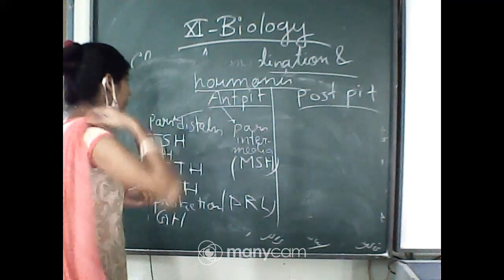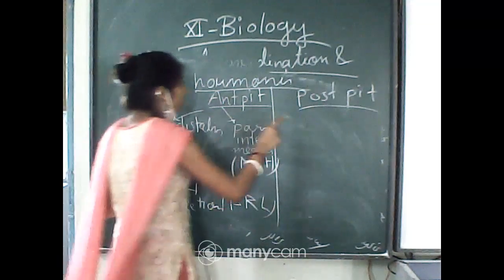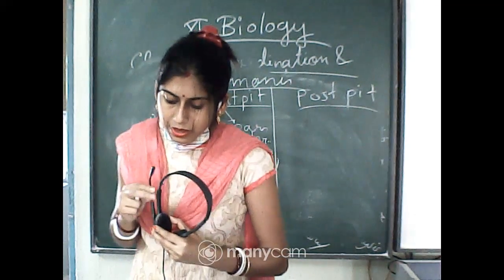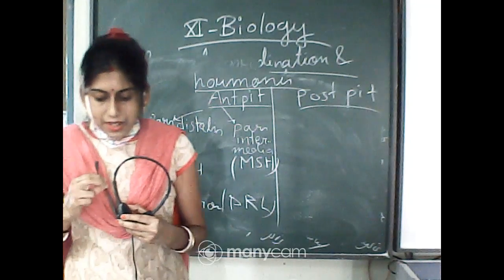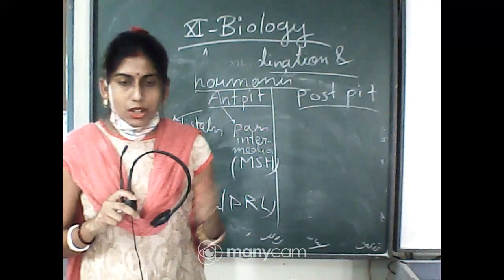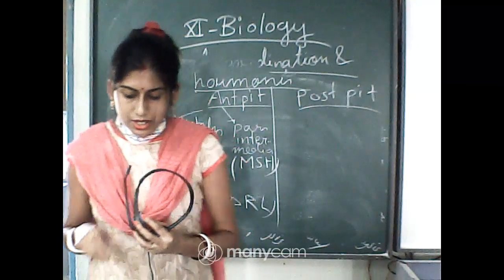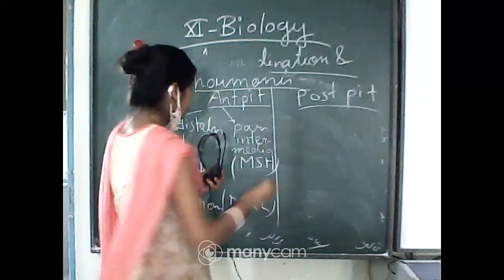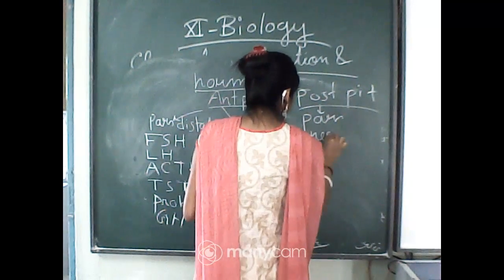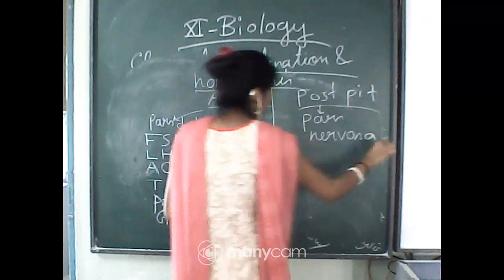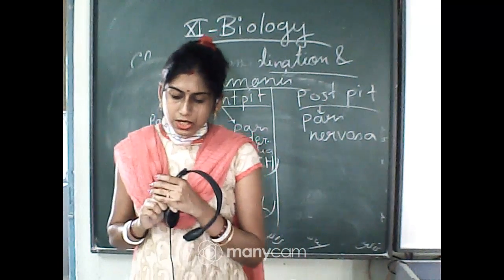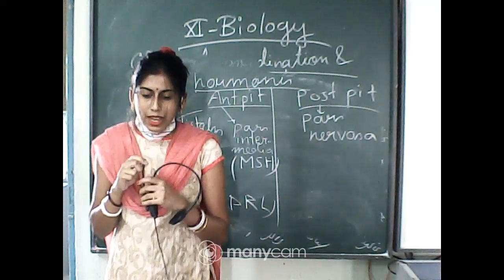Okay, now the part of the posterior pituitary, or neurohypophysis, is considered as pars nervosa. Okay, so from this pars nervosa, some hormones can be released.